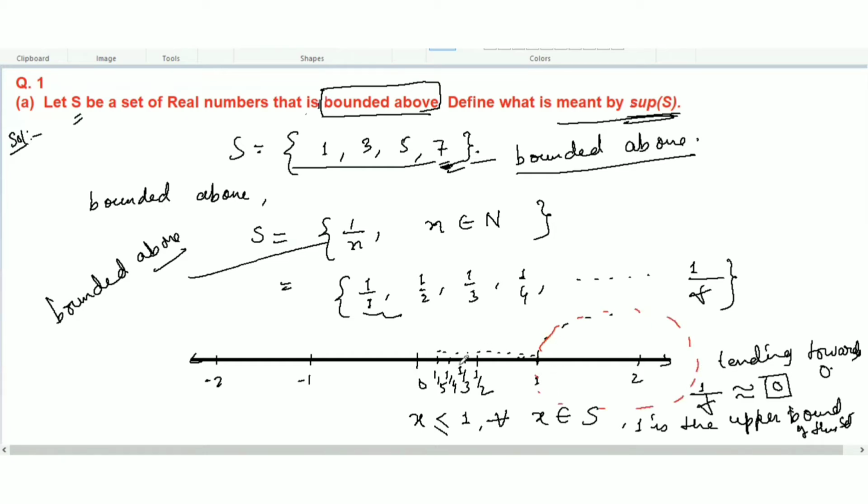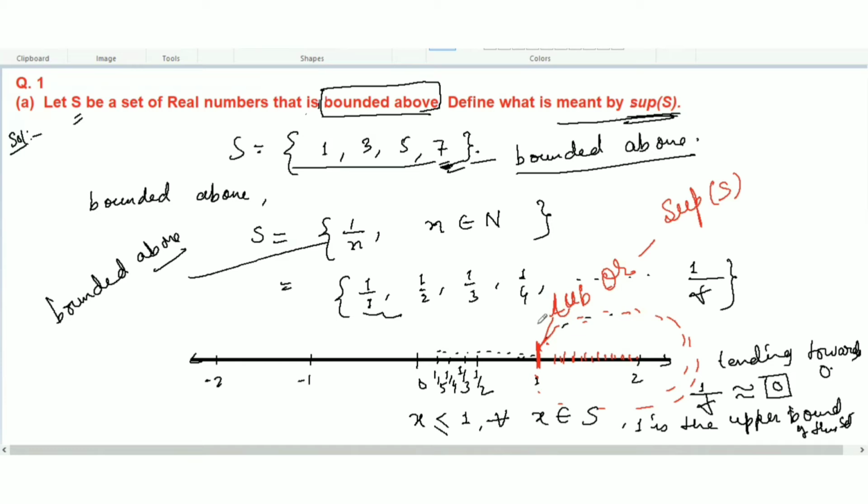All will be upper bounds of this set, but among all the upper bounds, this is the least upper bound. We can denote it LUB. The least upper bound is also called the supremum of S, the supremum of this set S.